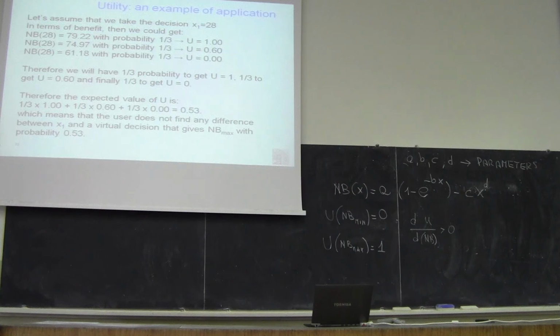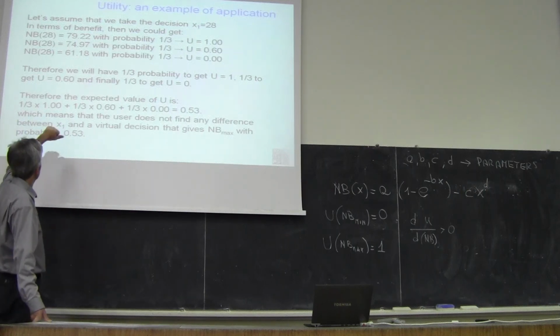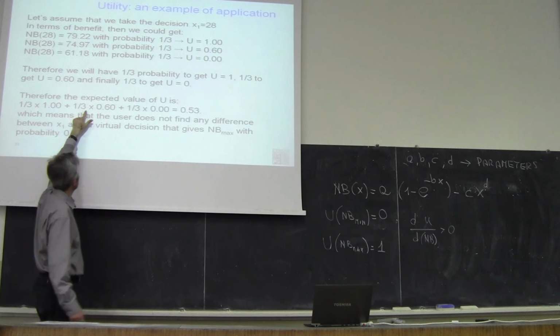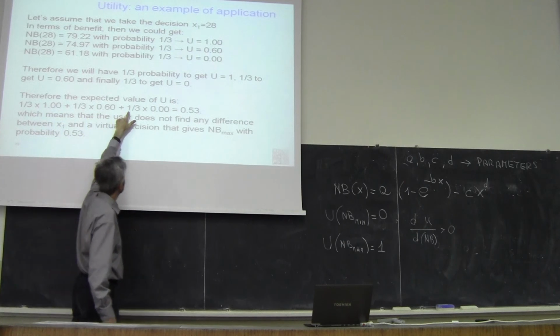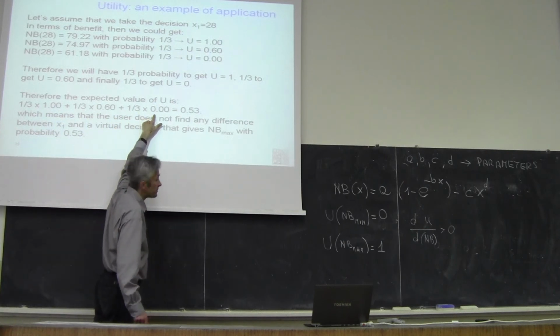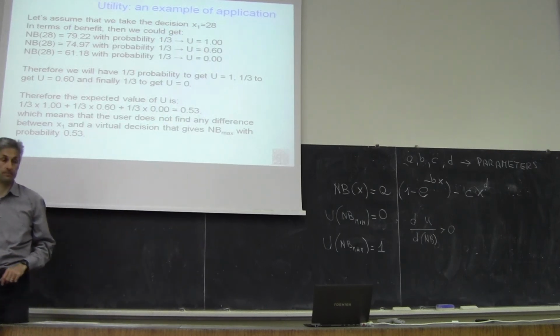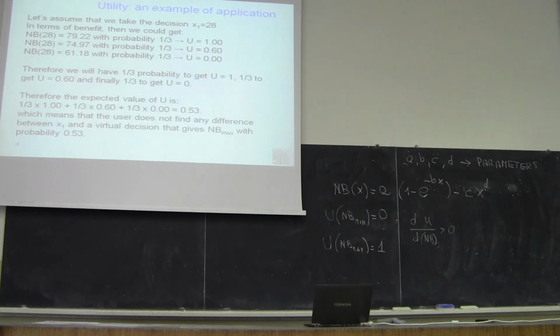Therefore, to compute the average utility, you get 1/3 times 1 plus 1/3 times 0.6 plus 1/3 times 0. The average utility is 0.53. Perfect. Now we can do the same for the other 3 solutions.